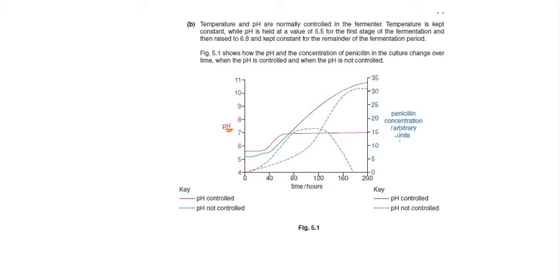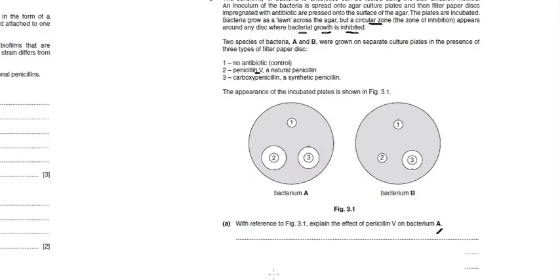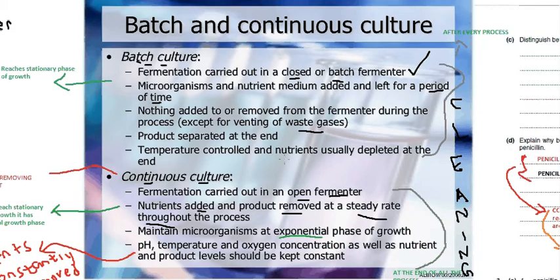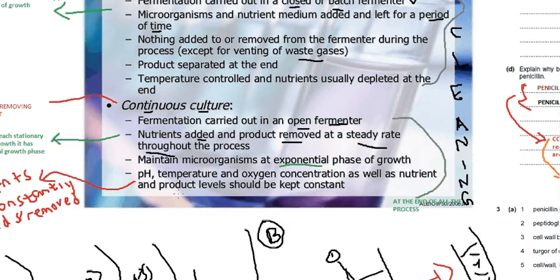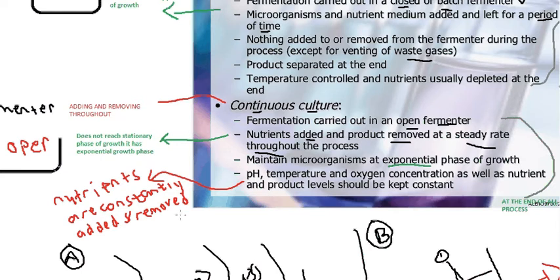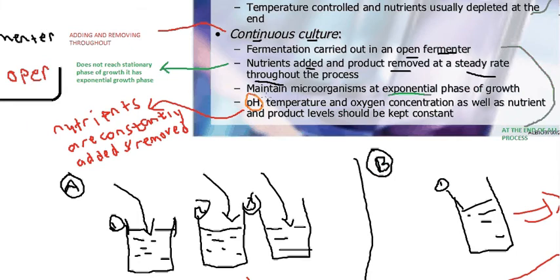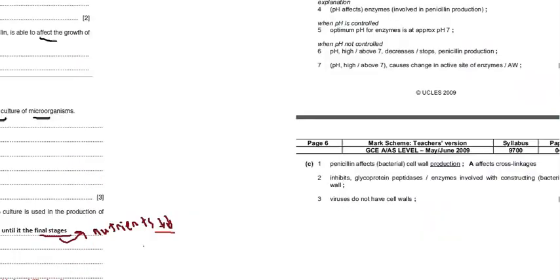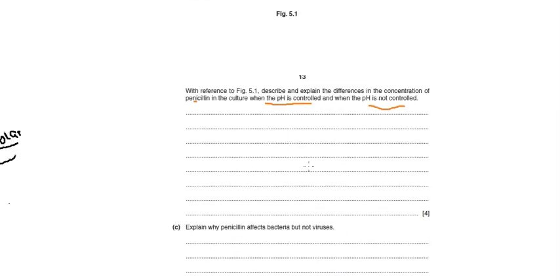In continuous culture, nutrients are constantly added and removed, and pH and temperature are normally controlled.